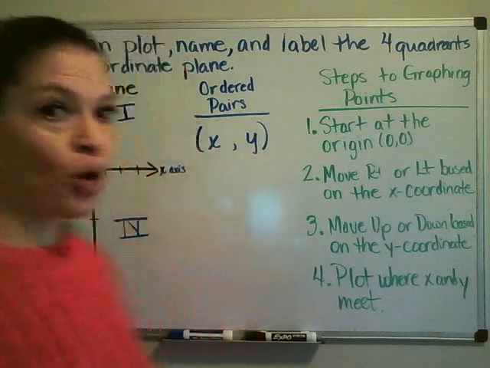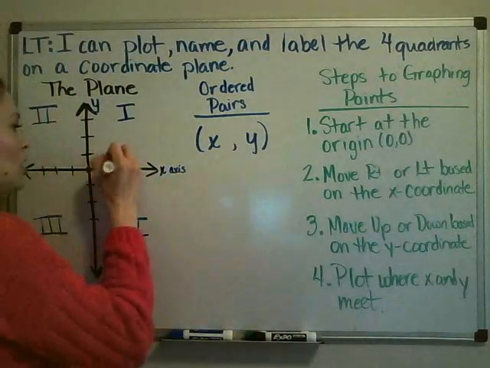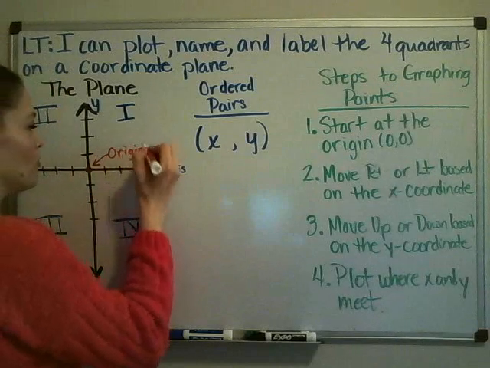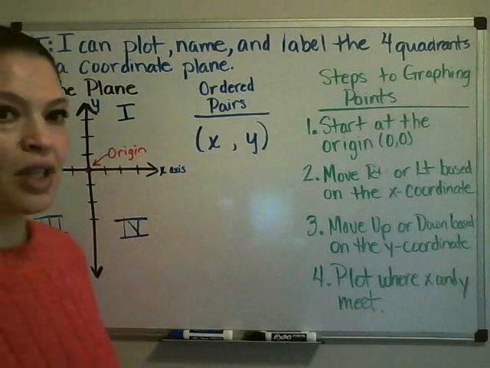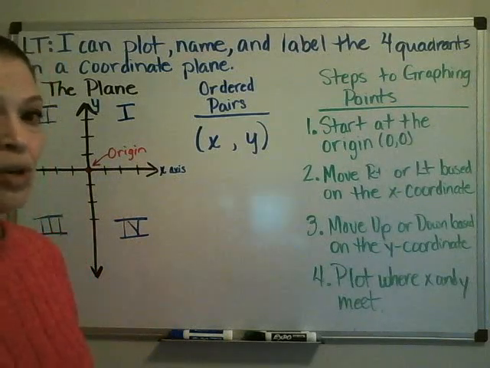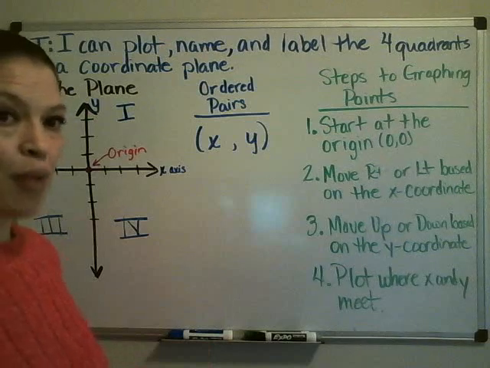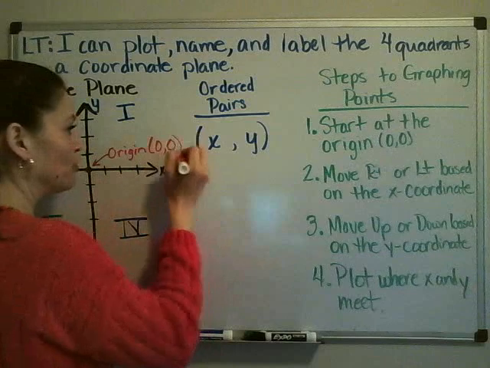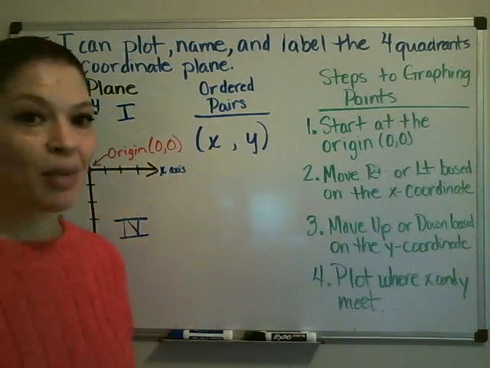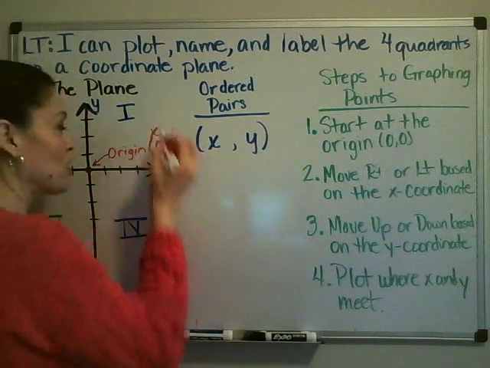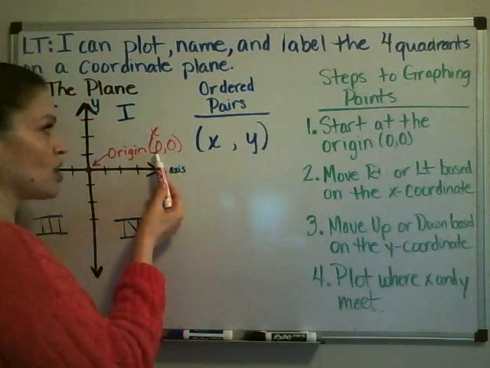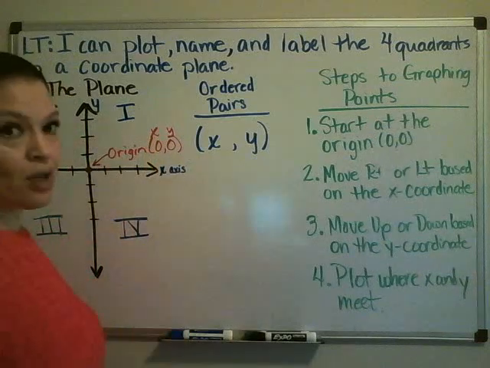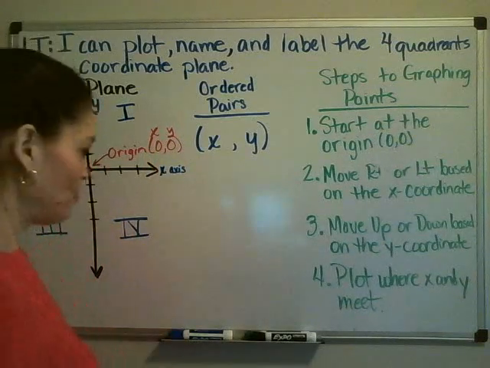So the name of that point is called the origin. And because both lines begin at 0, the location of the origin is actually (0, 0). It makes sense because your x-axis starts at 0 and your y-axis starts at 0. So (0, 0), that's the origin.